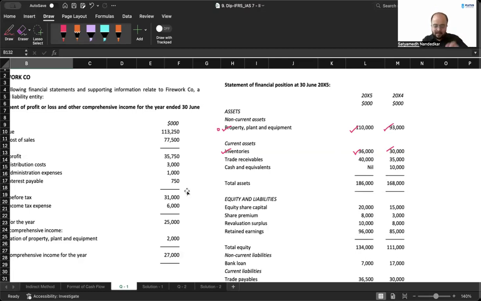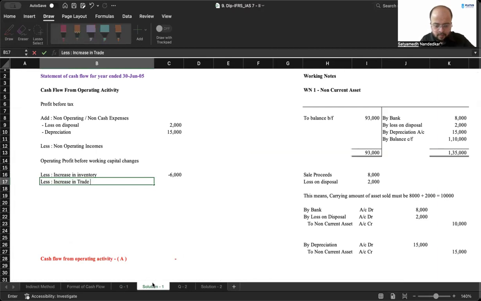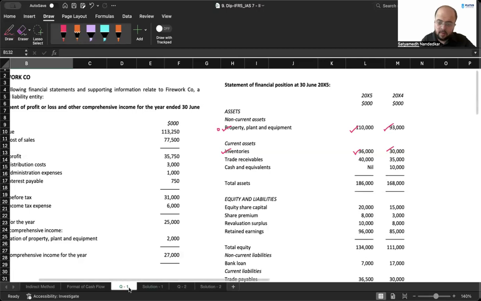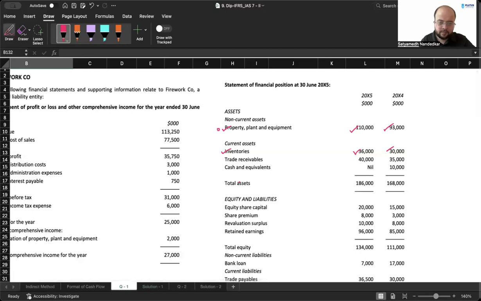Increase in current assets is subtracted. Less increase in trade receivables. How much? 5,000. This is also taken care of.